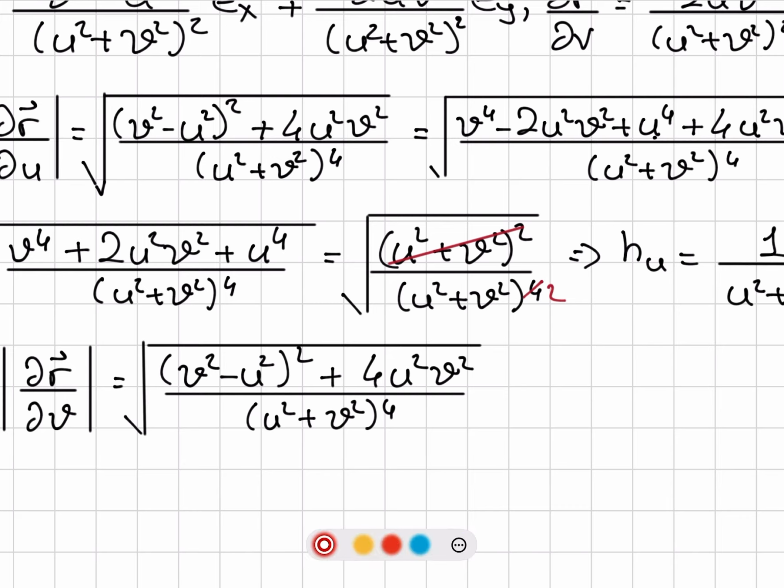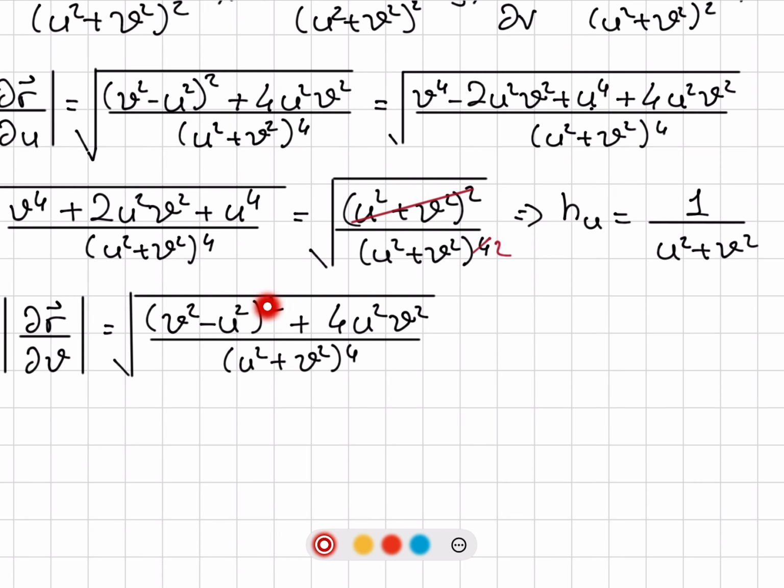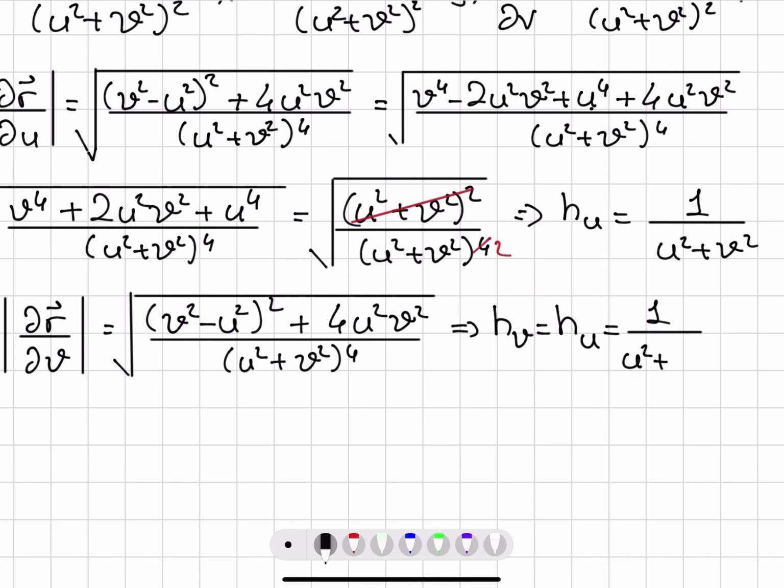Now take a look at this, what I have here and what I have done here. So these are identical. Therefore, I conclude that the scale factor h sub v is equal to the scale factor h sub u, which is 1 over u square plus v square.